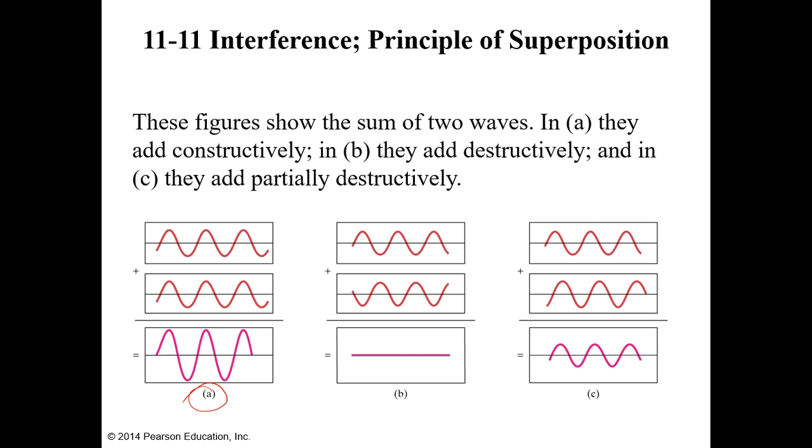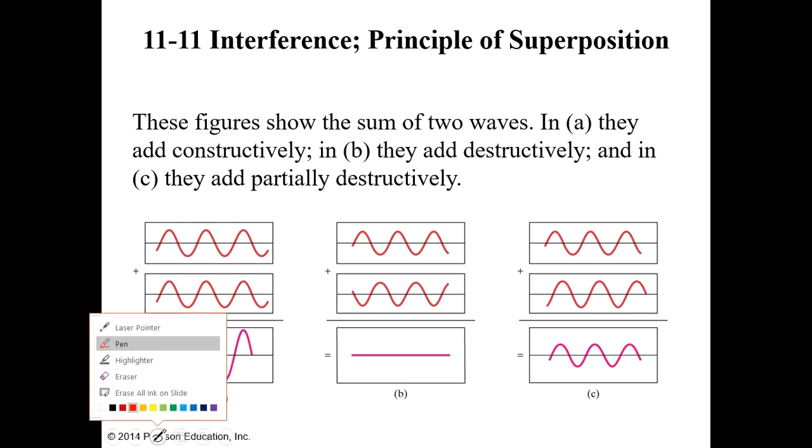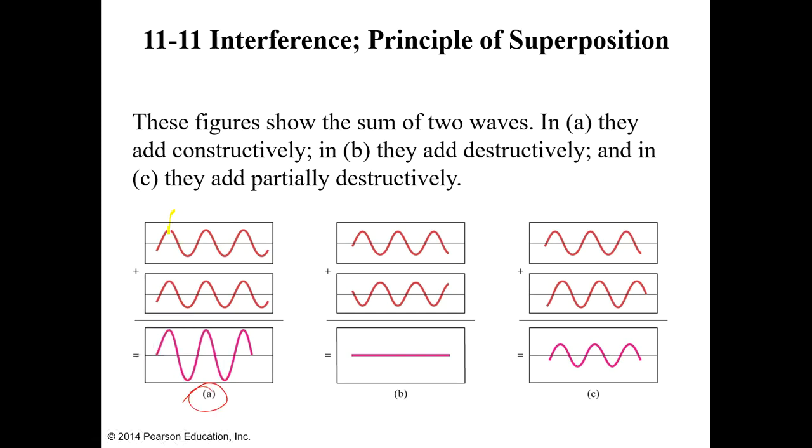They have crests at the same time, and they have troughs at the same time. So all of the crests and troughs happen simultaneously, which means that whenever you have a crest on top of a crest, you get double the amplitude for your total wave down here.